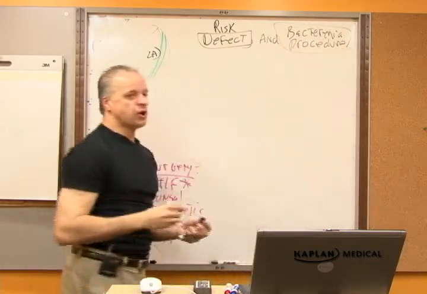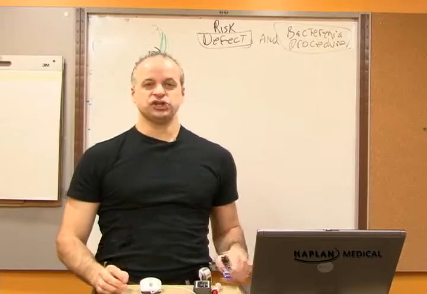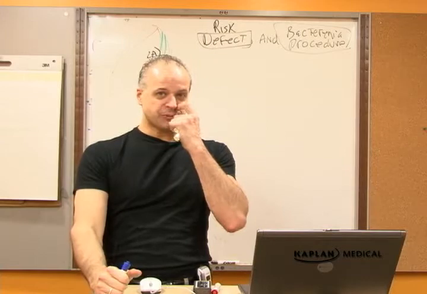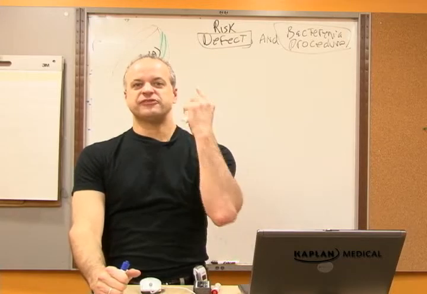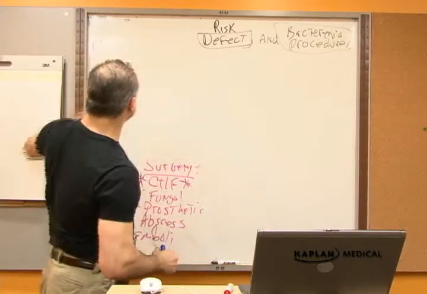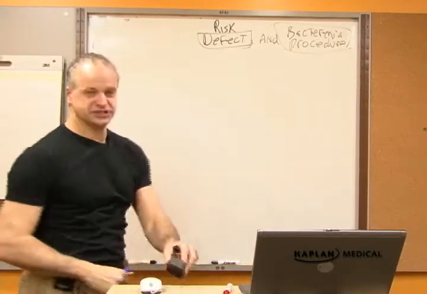You have to have both of these things. So for endocarditis prophylaxis, you have to have two things: a significant cardiac defect and a bacteremia-causing procedure.